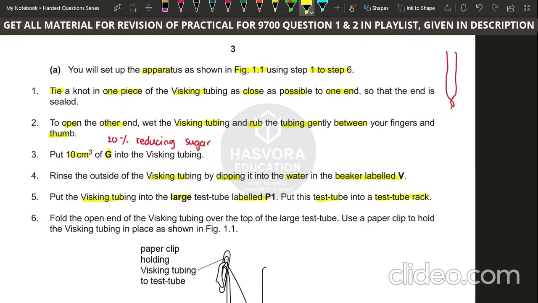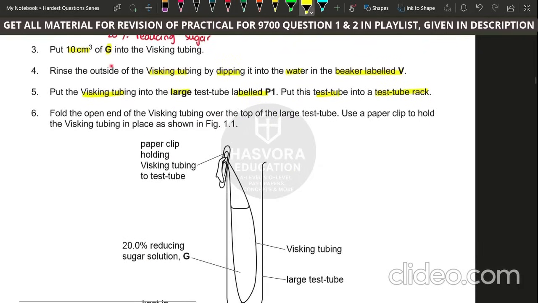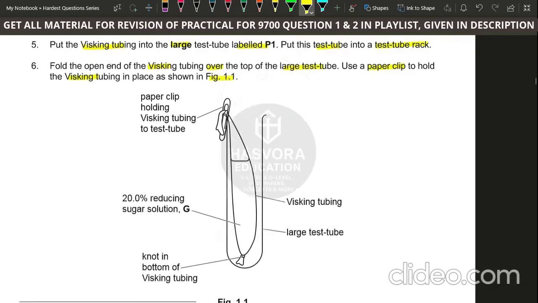Fold the open end of the whisking tubing over the top of the large test tube. Use a paper clip to hold the whisking tubing in place as shown in figure 1.1. You might be given a paper clip, or you can also be given tape to seal the open end to the wall of the test tube. So this is how your test tube will look.